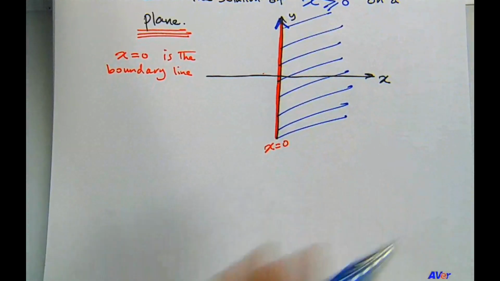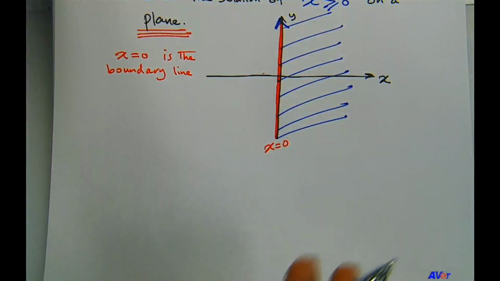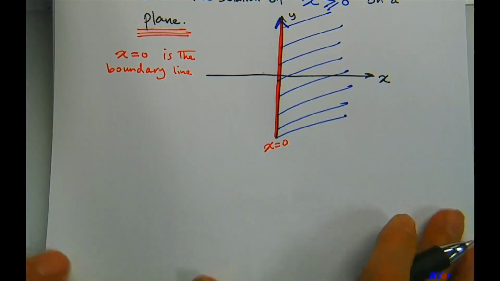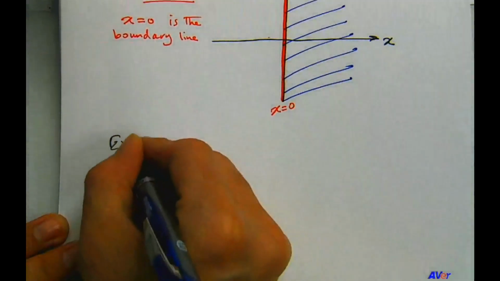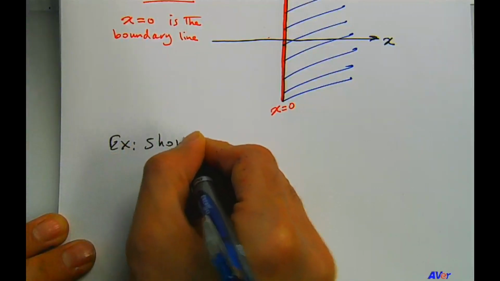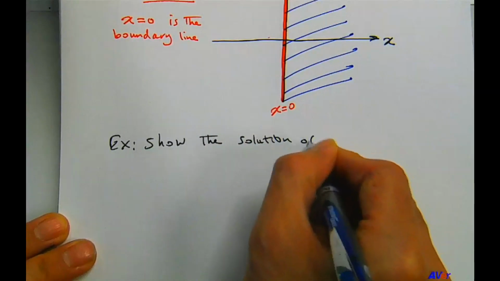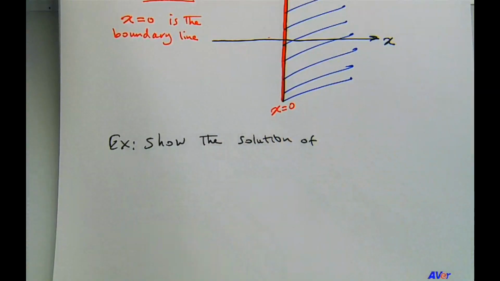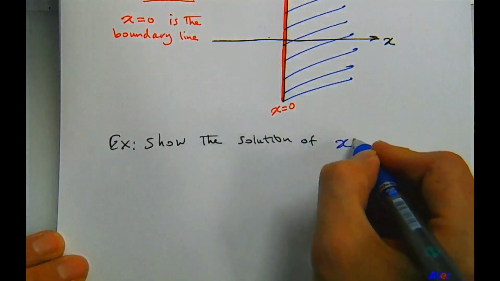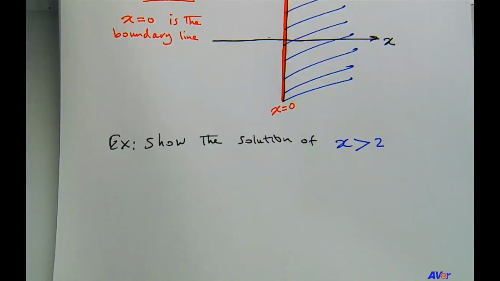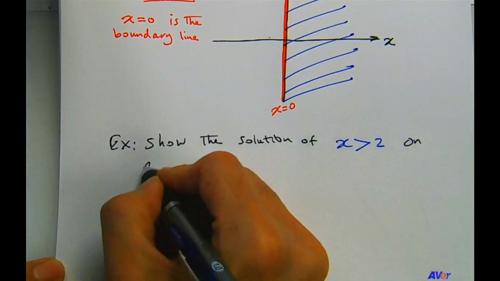Okay, so let's make this a little bit more interesting by saying, show the solution of x greater than 2 on a plane once again, right?